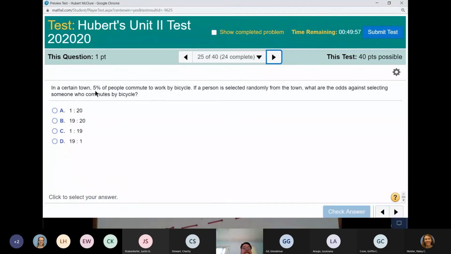Okay, in a certain town, 5% of the people commute to work by bicycle. If a person is selected randomly from the town, what are the odds against? Well, let's go to the handy dandy whiteboard because I have no idea. I'm going to write down odds against to remind you.